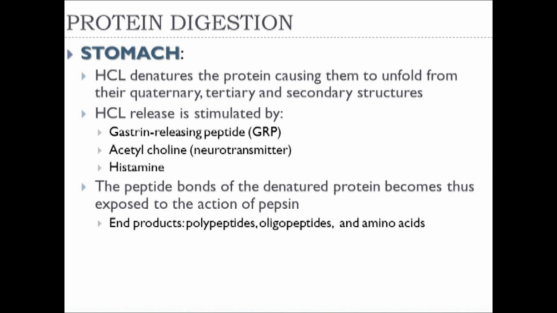So all of these work together to get the hydrochloric acid released in the stomach. The peptide bonds of the denatured proteins then become exposed to the action of pepsin. End products are polypeptides, oligopeptides, and amino acids. Polypeptides are complex chains of amino acids. Oligopeptides are a little less long than the polypeptides, and then the amino acids are absorbed into the enterocytes of the villi.